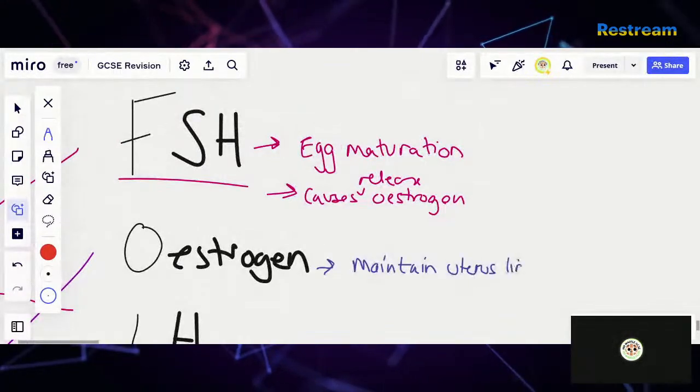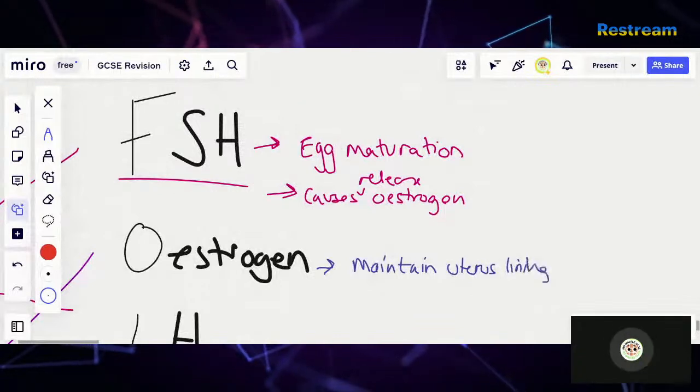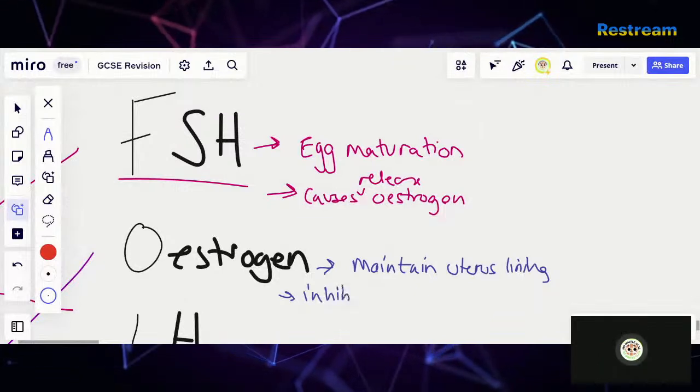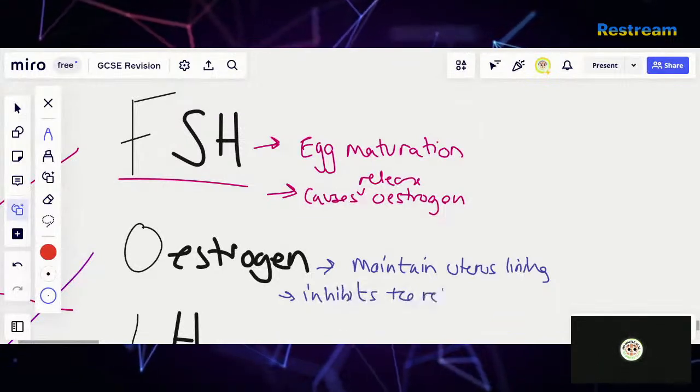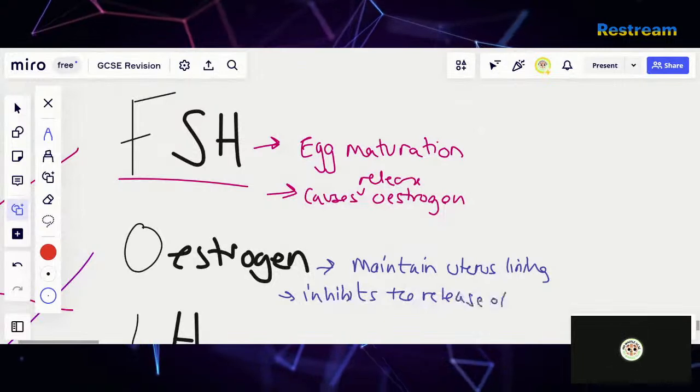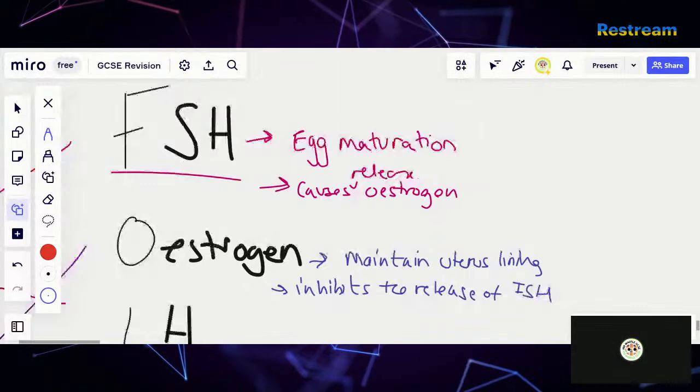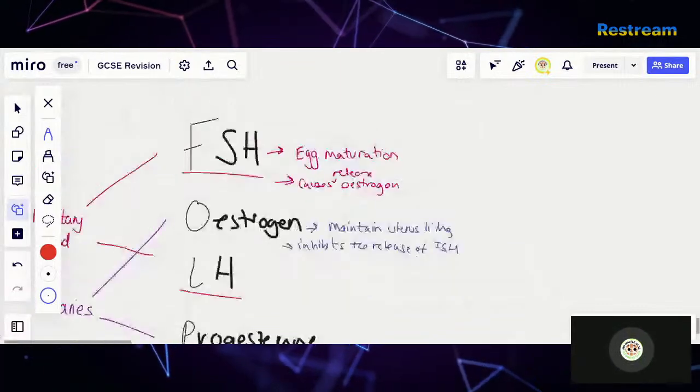But just how FSH causes the release of estrogen, estrogen inhibits the release of FSH because there's no more FSH necessary. So what happens is we mature the egg, then we're maintaining the uterus lining, and then we have LH.